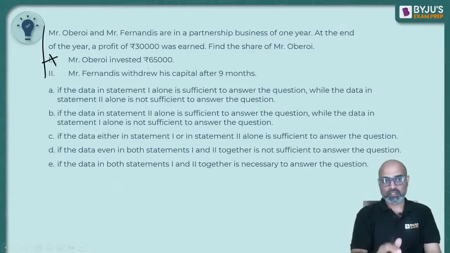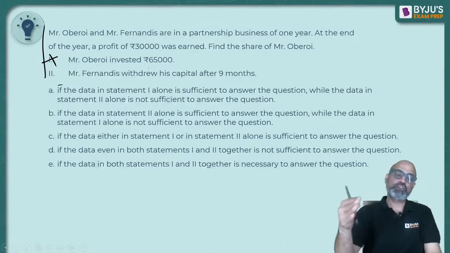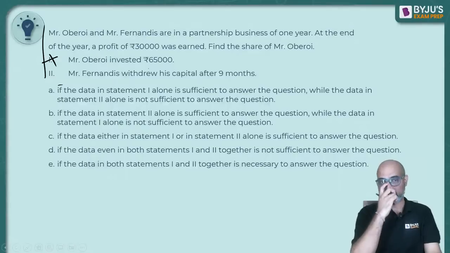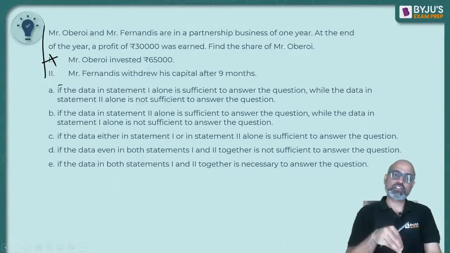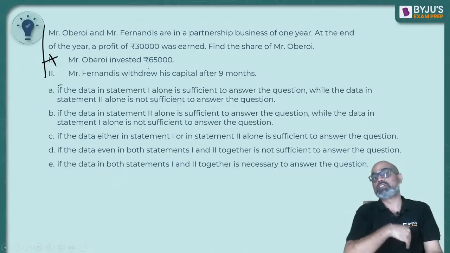Second, Mr. Fernandez withdrew his capital after 9 months. Okay, great. So Mr. Fernandez had kept the money for 9 months. That we now know. But how much money did he invest? For how long did Mr. Oberoi invest? How much money did Mr. Oberoi invest?